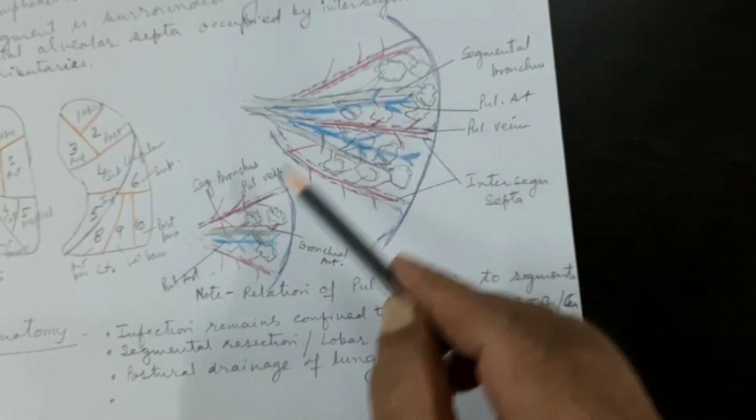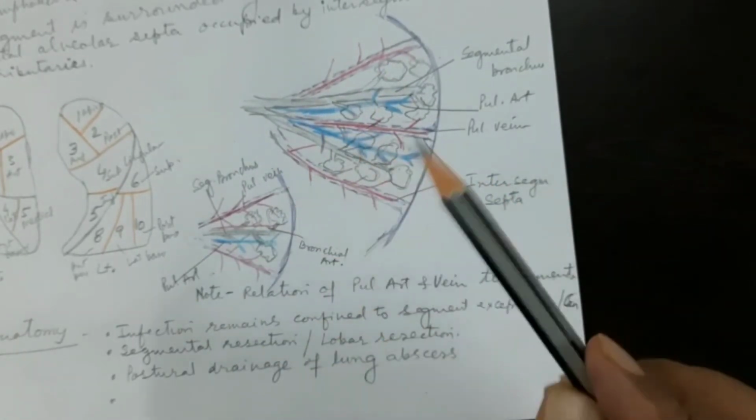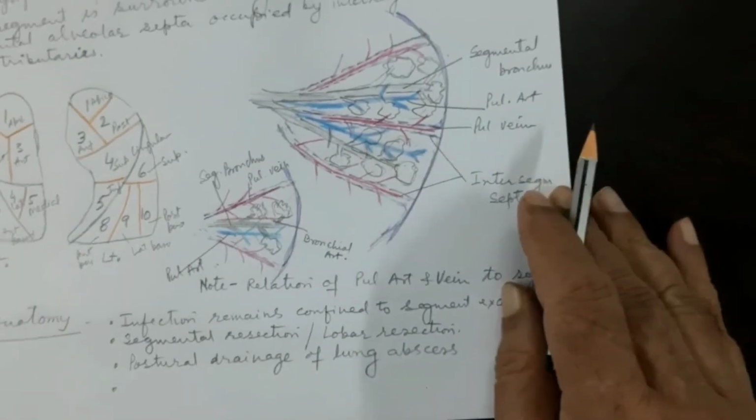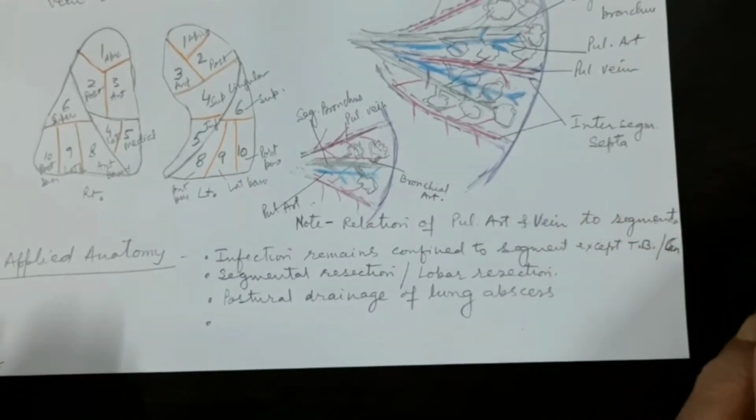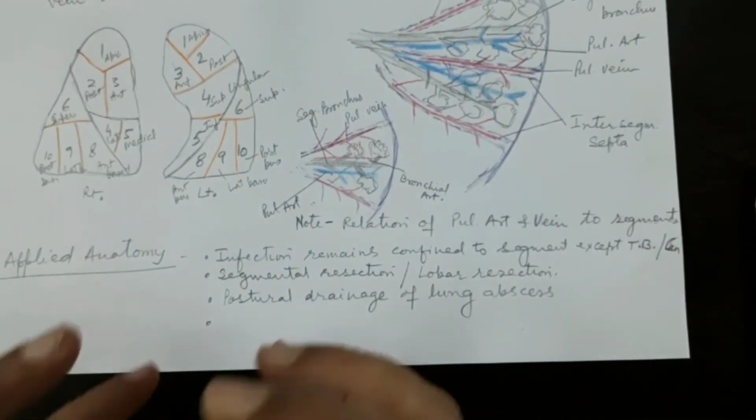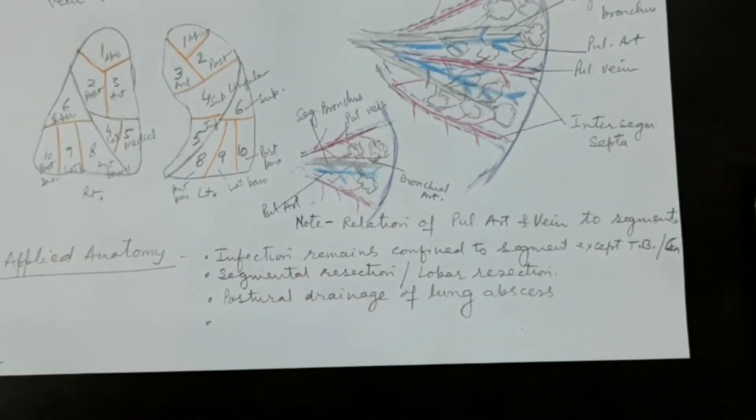So in this way there are 10 bronchopulmonary segments in each lung, which is acting as an independent functional, anatomical and surgical unit of the lung.